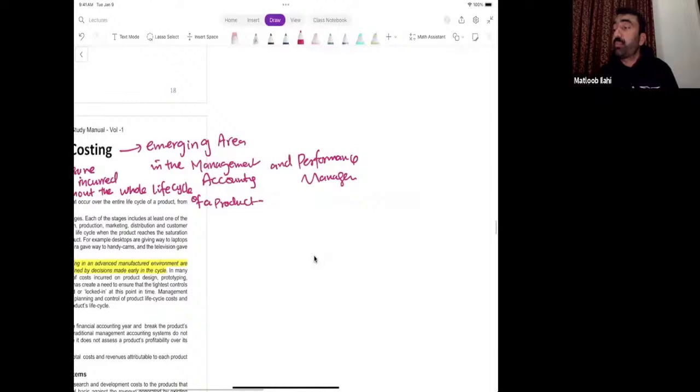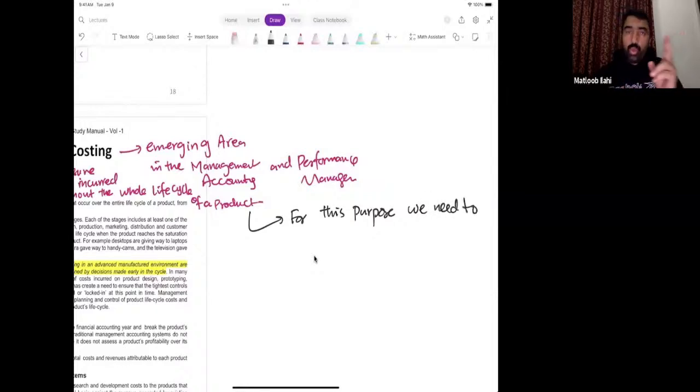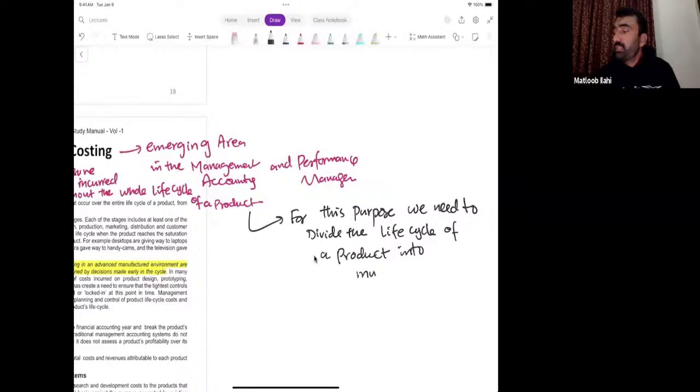So for this purpose, we need to divide the life cycle of a product into multiple stages. Why do we need to divide the life cycle of a product into multiple stages?